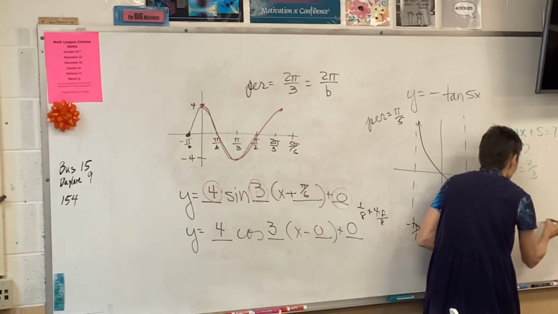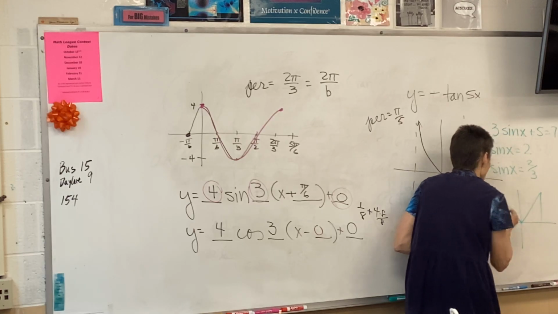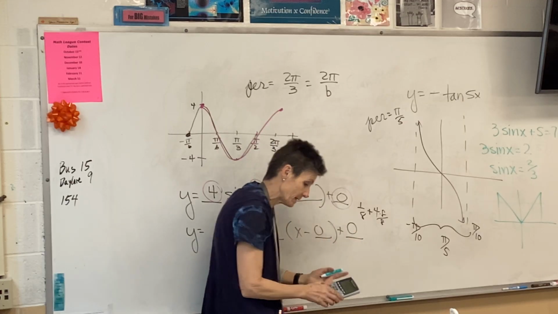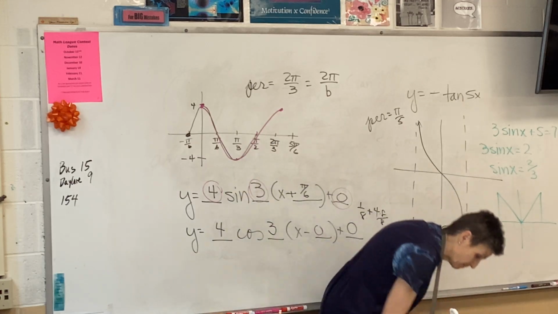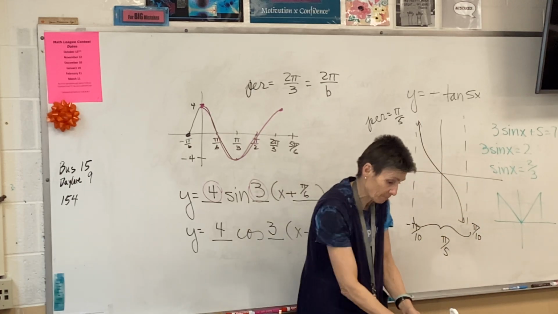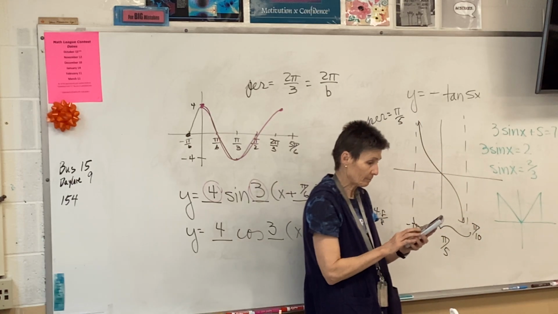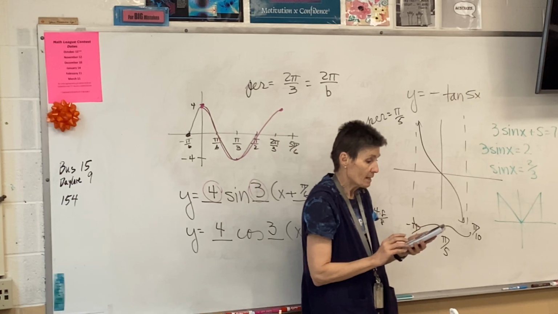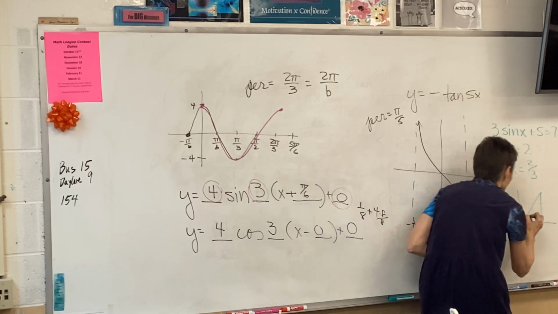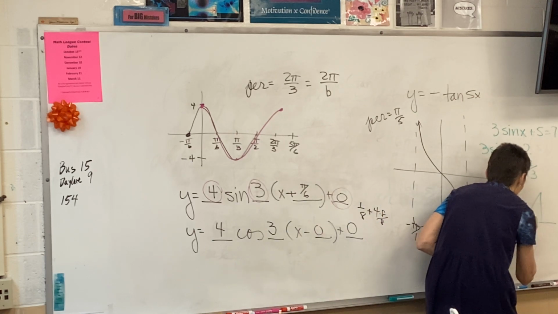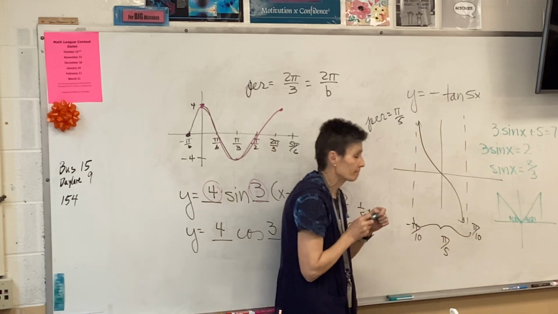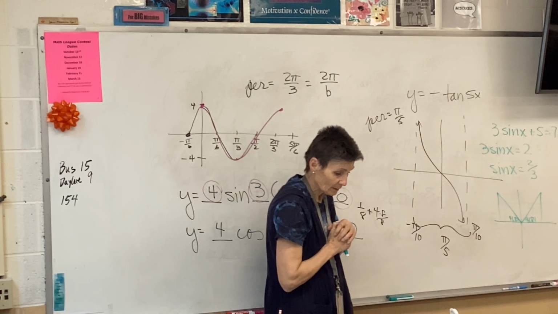So I'm going to go to my calculator and type in, I already switched to degrees, make sure you did that, second sine 2/3. And I got 41.81. Did you get that?